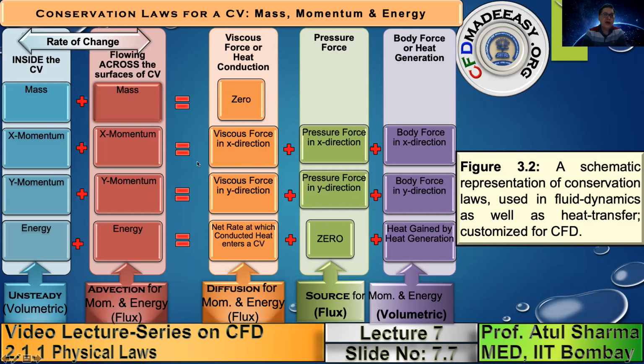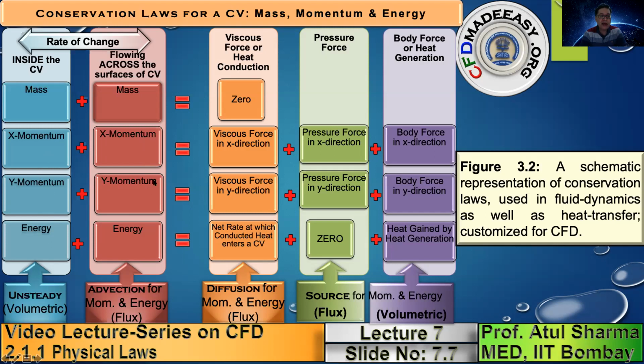I would like to draw your attention that if you have a rate of change of x momentum, it's a product of mass and u velocity. So through the rate of change of x momentum, you will get a model for u velocity.